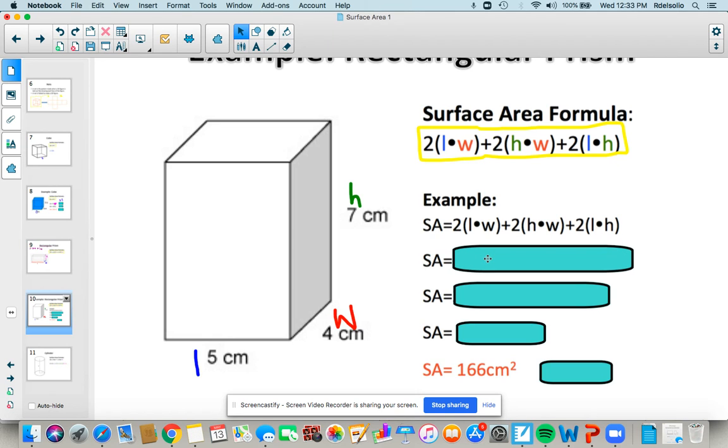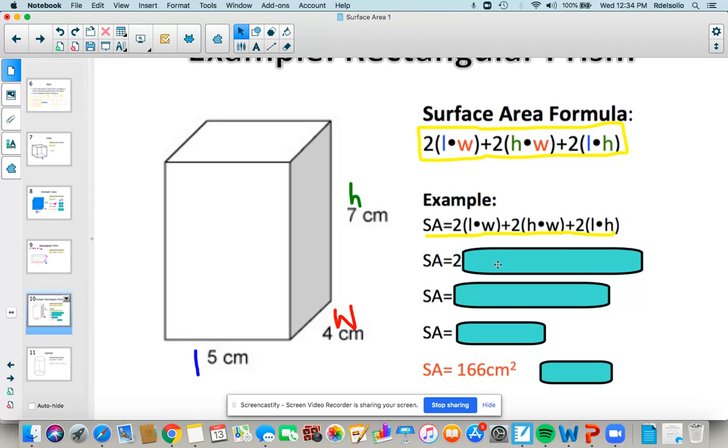Now we just need to plug those numbers into our formula, the formula I have up top here. We're just going to plug in the numbers for the letters, and again, we're getting the numbers from our figure on the left. We have 2, that's part of the formula, so you keep that, you're not changing that.